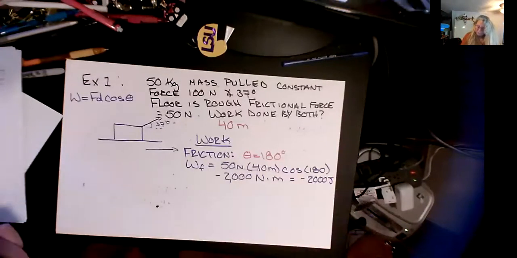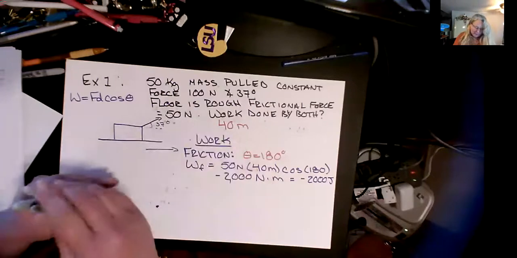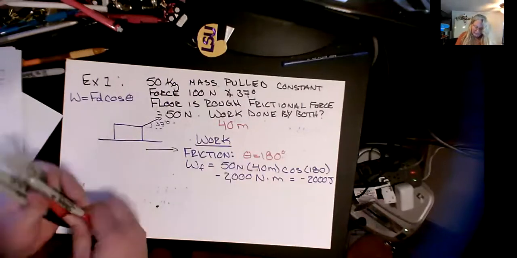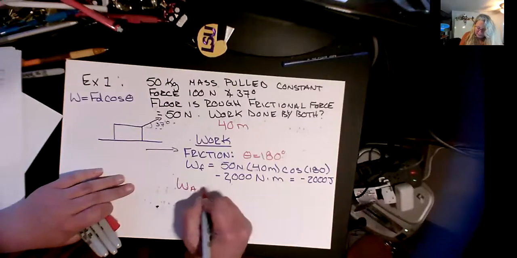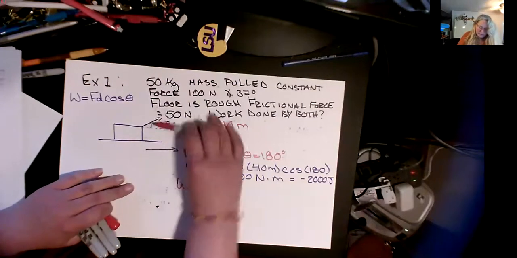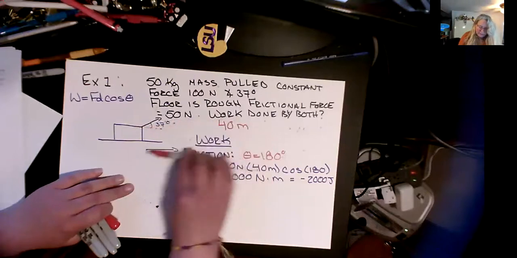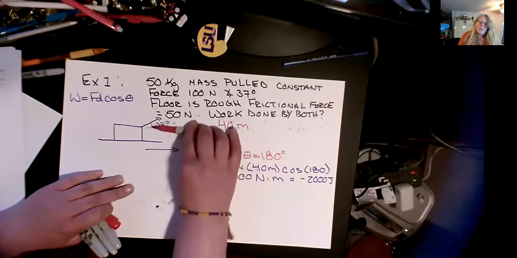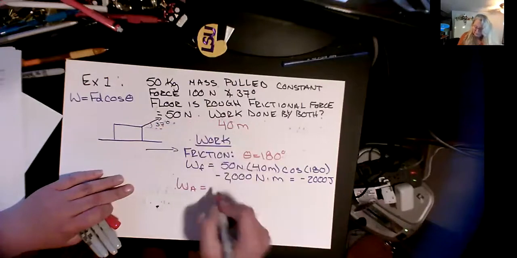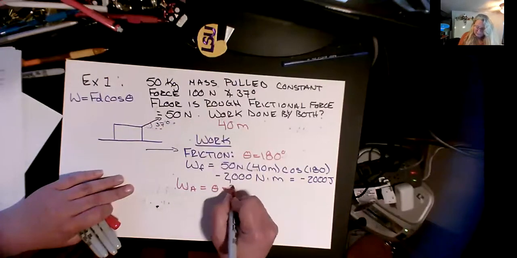Cool. Now, what about the force that I'm applying? The work that I'm getting out of my applied force. So work applied. Okay, so now this is in the direction of my displacement. Same thing. So this is going to be just 37 degrees. So my theta there is 37.